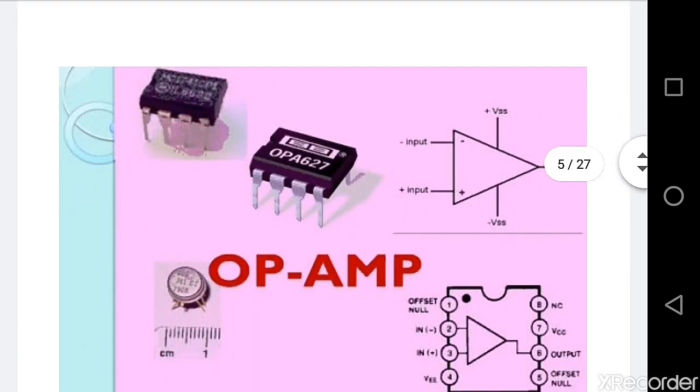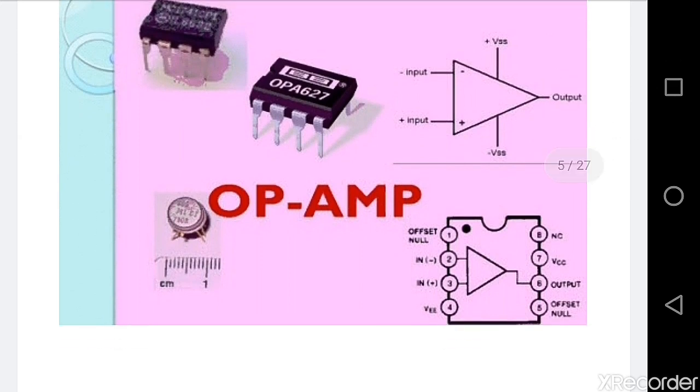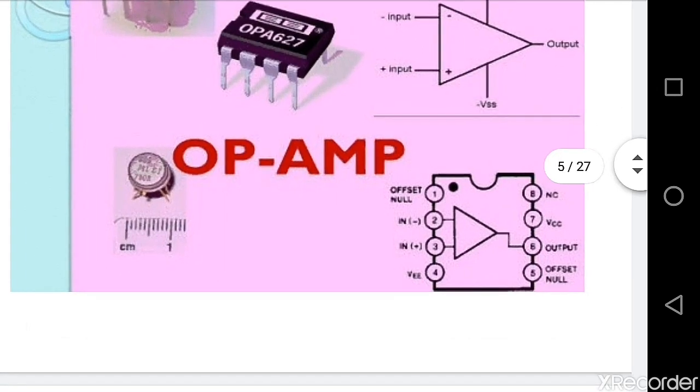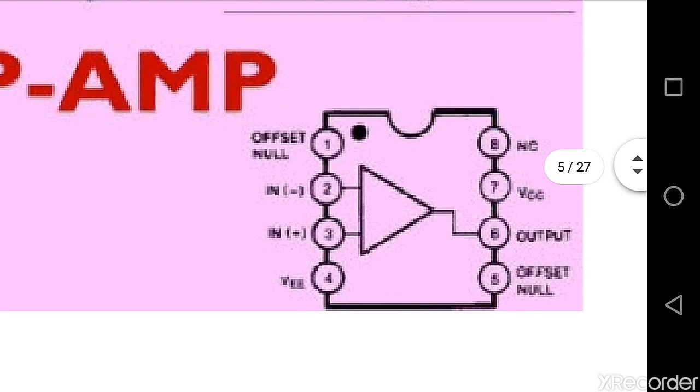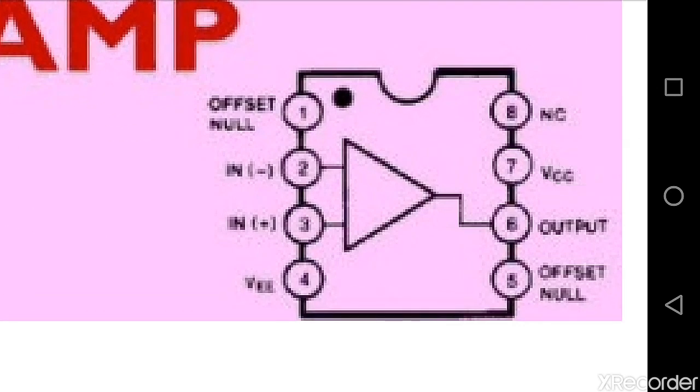Here is the integrated circuit of the operational amplifier, its circuit diagram and pins. Here we see the circuit connecting the integrated circuit. The integrated circuit has 8 pins: 1, 2, 3, 4, 5, 6, 7, 8.